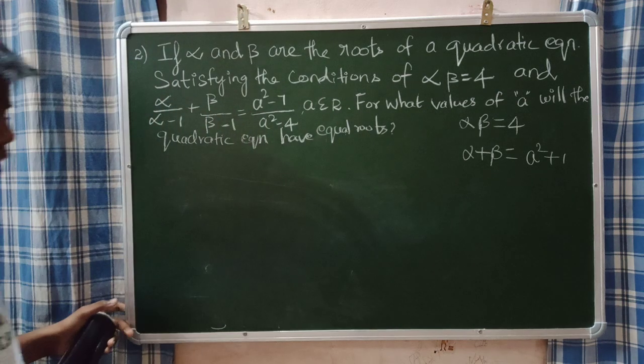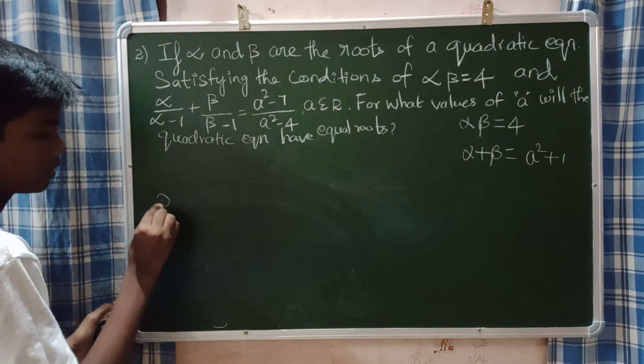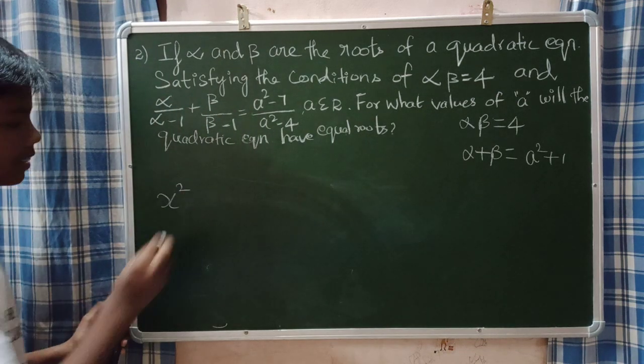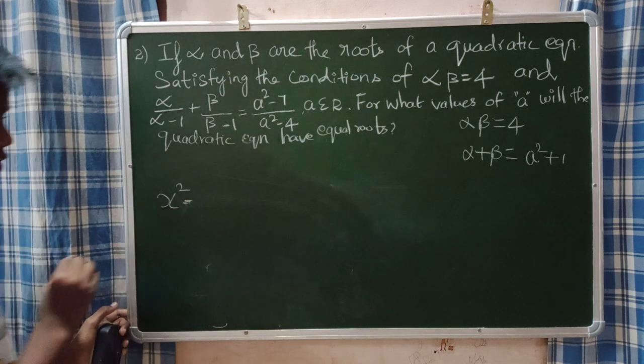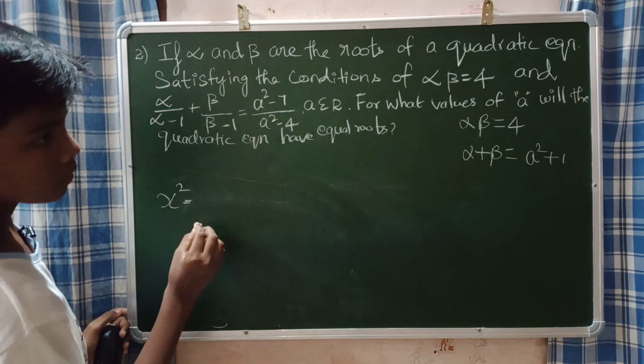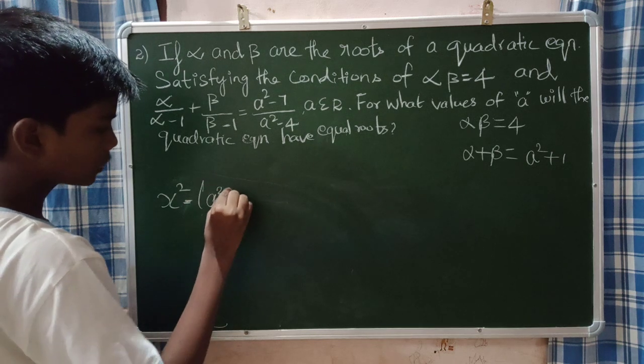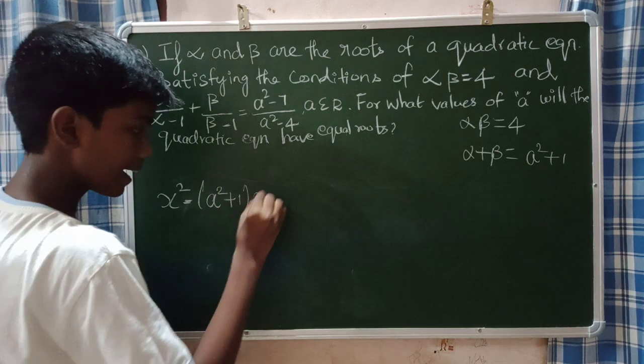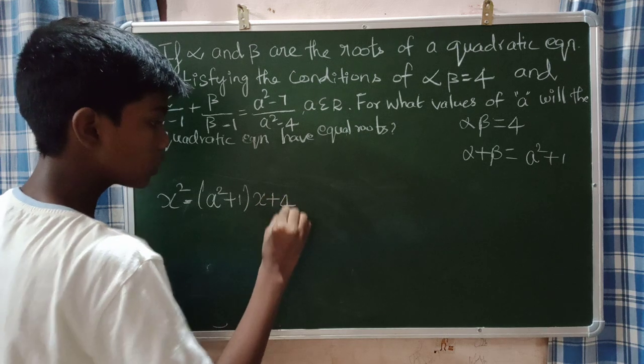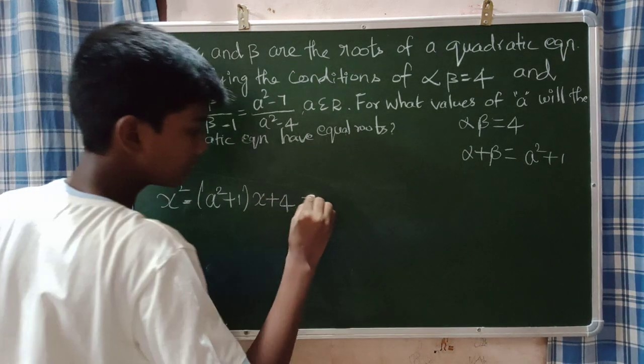So the quadratic equation is x square minus of a square plus 1 of x plus 4.